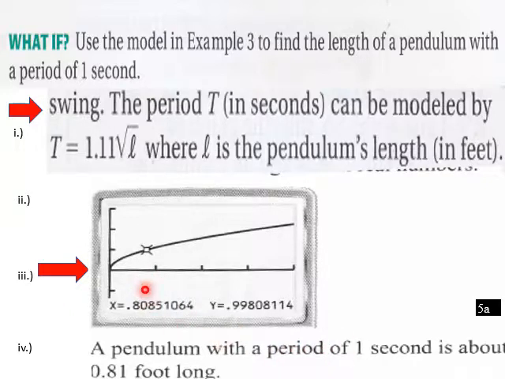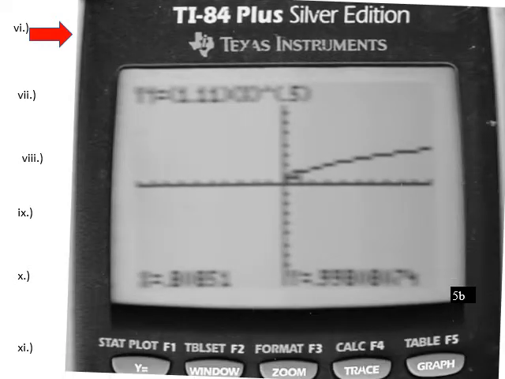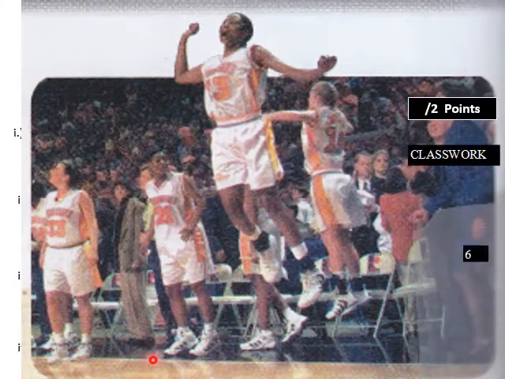So with a period of 1 second, which is our y value here, we have about a 0.81 foot long pendulum. And that was it on the calculator.